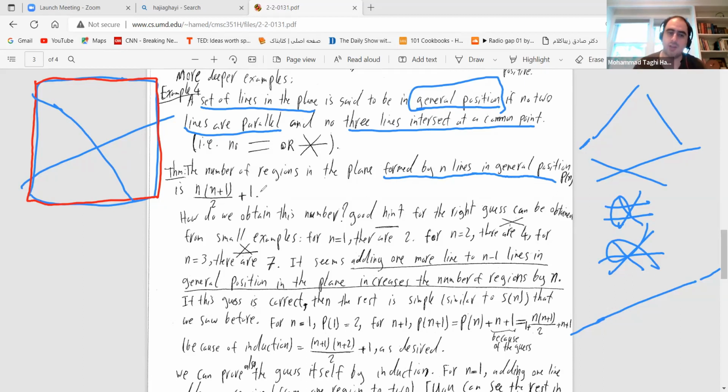And you can check that it is correct for n equal to 3. So you want to prove this one. We want to prove that if these n lines are in general position, the number of regions is this.